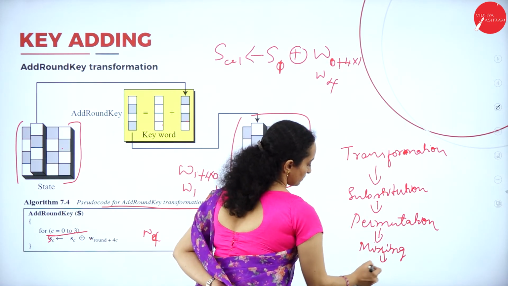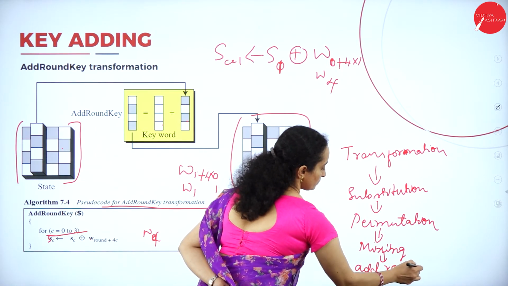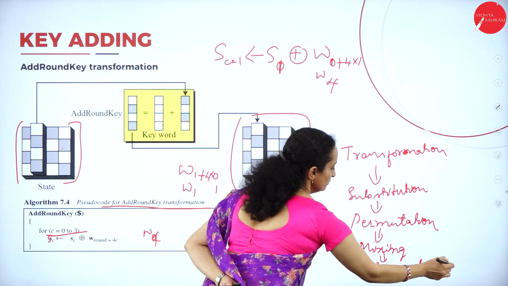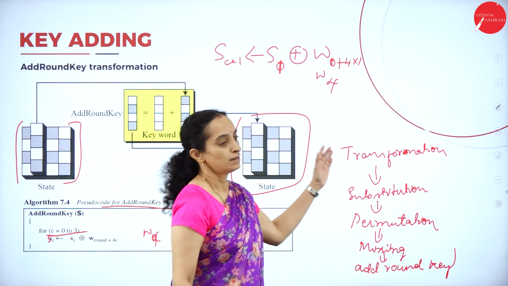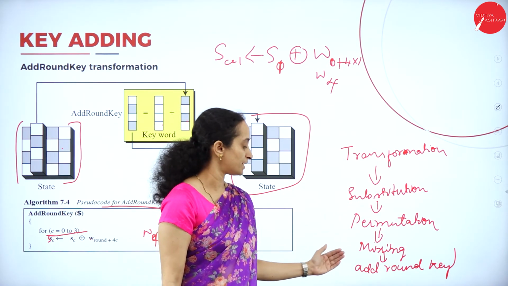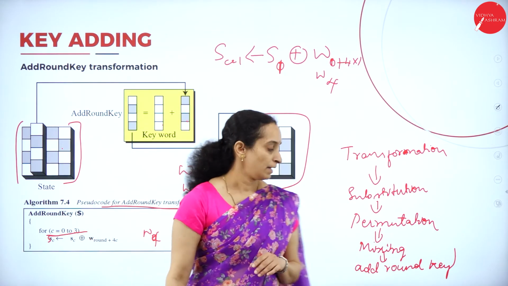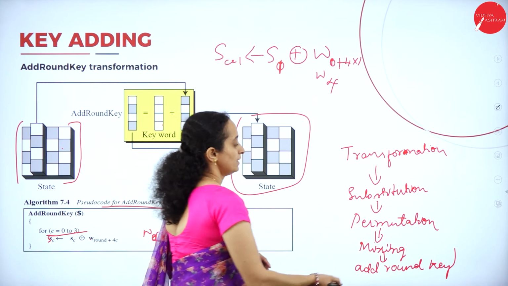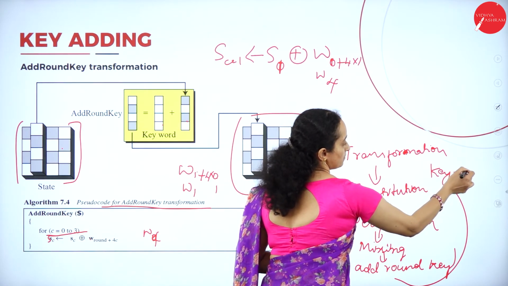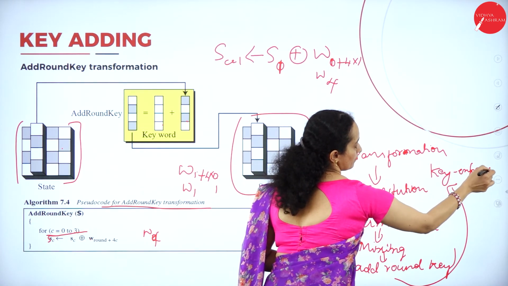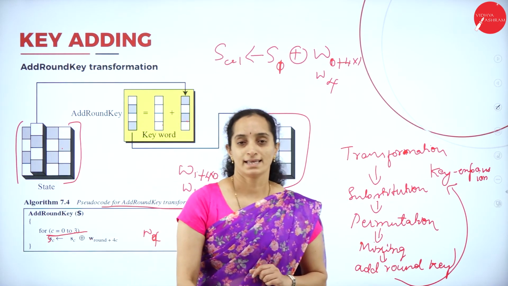Last step is adding the round key. So you can do the transformation, substitution, permutation, mixing and add round key procedure before executing, and once the round key is generated, the next step is to perform the key expansion.